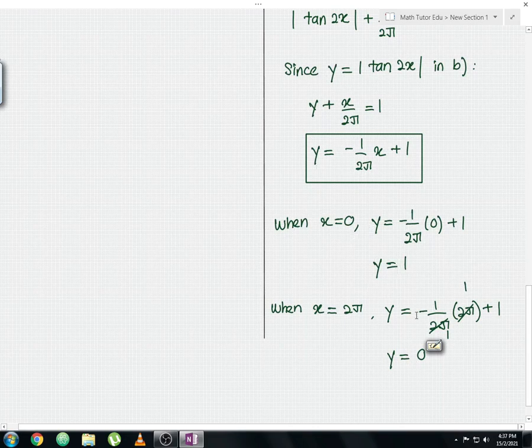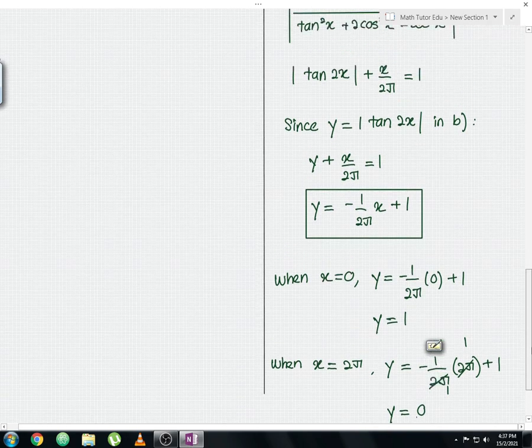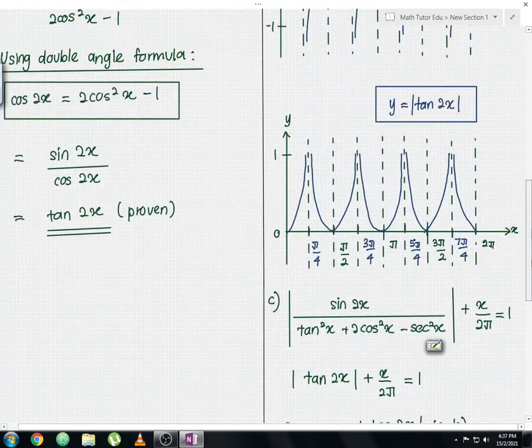Once you get this information, you immediately go to the graph that you sketched in question part B and mark them. When x equals 0, y equals 1, so this is your first point. And when x equals 2 pi, y equals 0, so it will be over here.